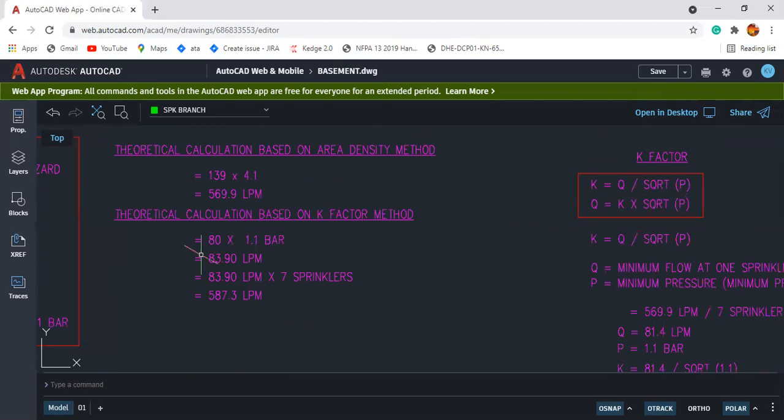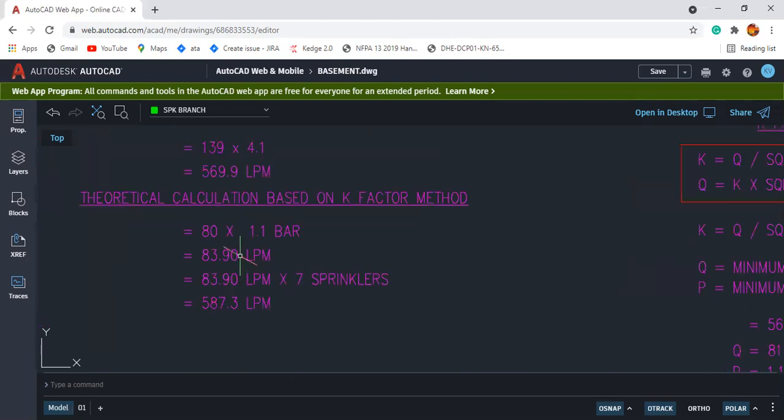So K80 multiplied by root of 1.1 bar, I got the answer. Then we multiply by the number of sprinklers, which we also know, 7 sprinklers. After the multiplication, I got this value. You can see this value is higher than 569; here it is 587. So the calculation is fine. The calculation should be like this.